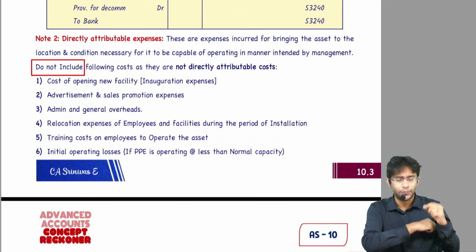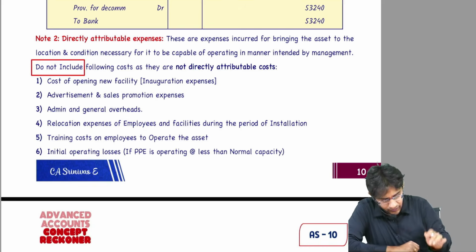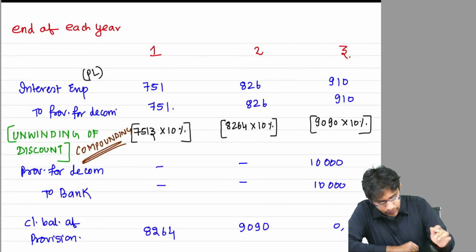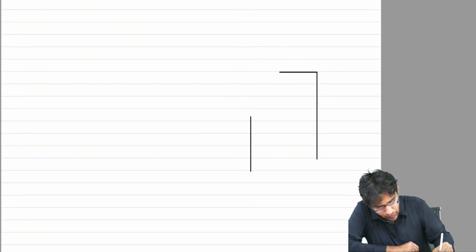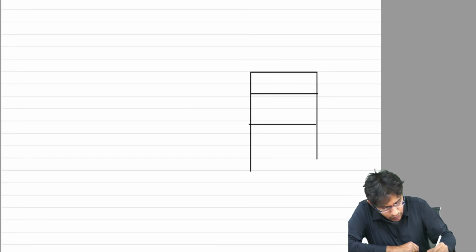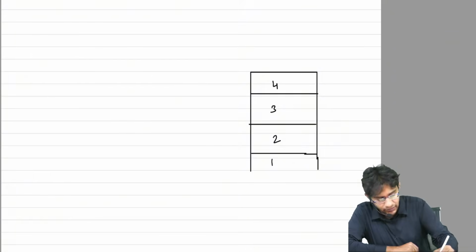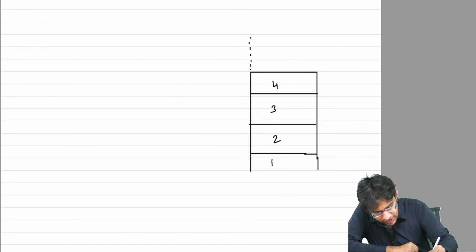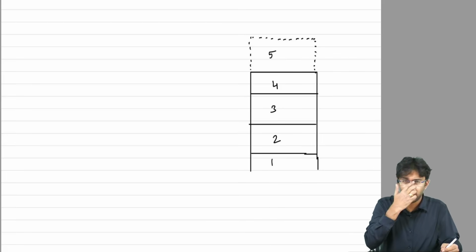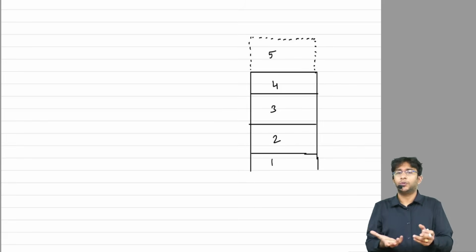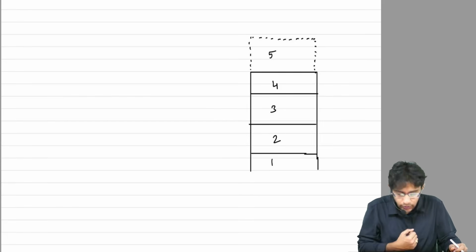Next, suppose, sir, I am having 1, 2, 3, 4 floors. Now, I am trying to construct another 5th floor. While I am constructing this 5th floor, there is a lot of disturbance. Obviously, construction work is not very pleasant to hear and also it's disturbing.